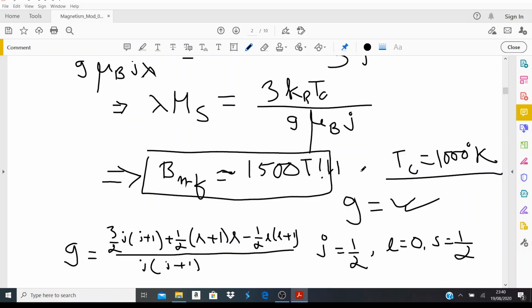It turns out that 30 years later, Heisenberg first introduced what really is causing this alignment, and this has to do with the exchange interaction between the electrons. So that's our next topic of discussion, that to understand the ordering of moments inside the solid, you have to understand what is known as the exchange interaction.